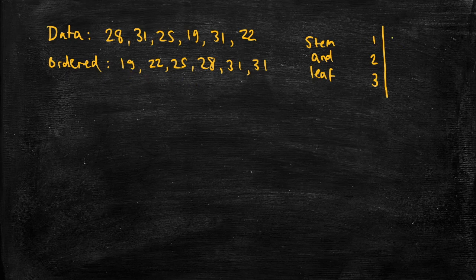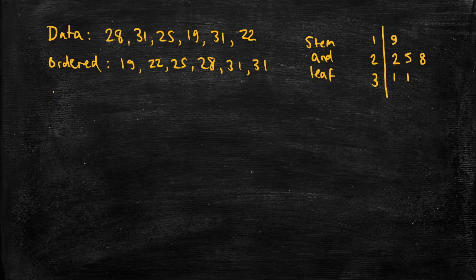So 19 we represent with a 9 next to the 1 in the stem, and then 22 would be a 2 in the leaf next to the 2 in the stem. And then we've got a 25 also in this row with 2 in the stem, and then 8, and then in the 3s row we have 1 and 1. So that gives us a quick sense of the distribution of the data.